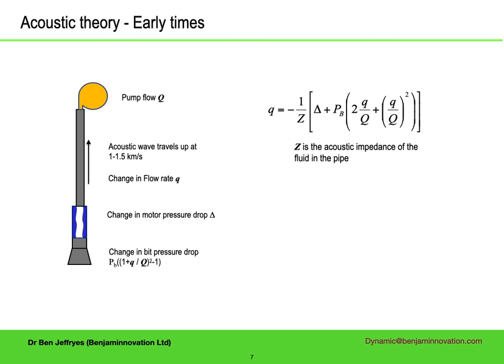Matching the outgoing radiation condition and the bit pressure drop condition gives a simple quadratic equation that links the change in flow rate with the pressure change across the motor, the pressure drop across the bit at full flow, and the acoustic impedance of the fluid in the pipe. It's a quadratic equation, but we can linearize to get a feel for how much the downhole flow rate changes.